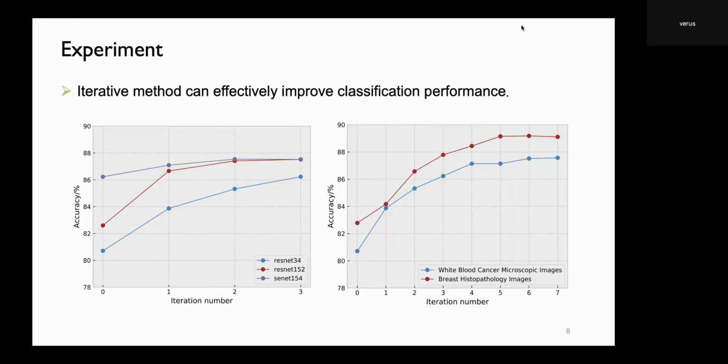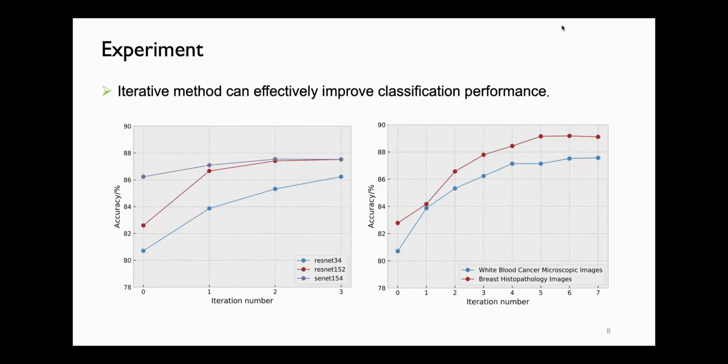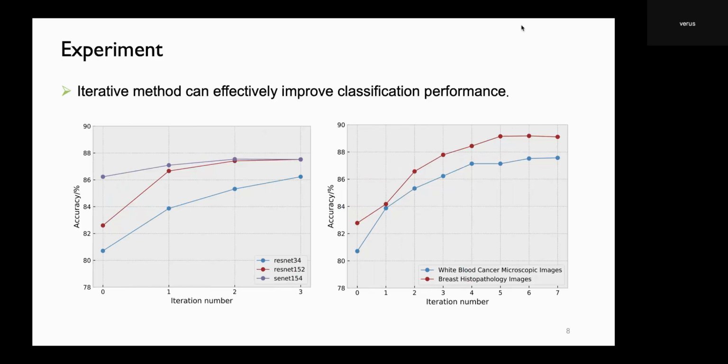And these two images show the effectiveness of iterative training. We can see from the left image that the performance becomes better as the iteration number increases, and for all the backbones, the performance saturates after a few iterations.